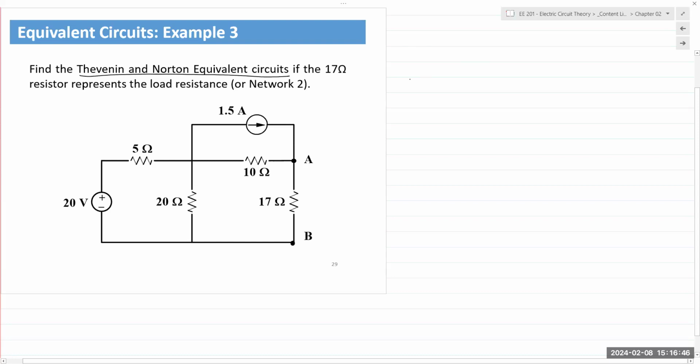We have a 20-volt source on the left, plus minus 20 volts, 5 ohm resistor, a 20 ohm resistor from the top, and then this crosses over into the 10 ohm resistor. And then we also have a 1.5 amp current source with current going towards the right.